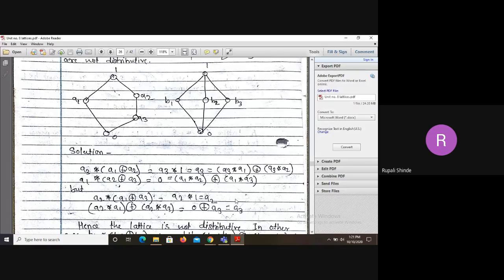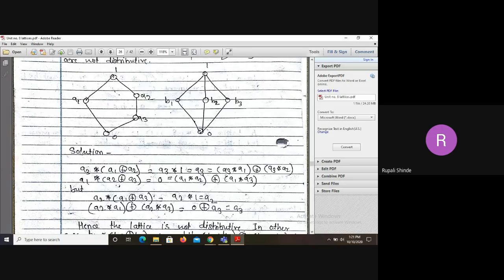Then only can we say that this satisfies the distributive property. But here, if you consider A2 as the first element, then LHS gives the answer A2, and RHS gives the answer A3. So both sides are not the same. That's why this is not a distributive lattice.